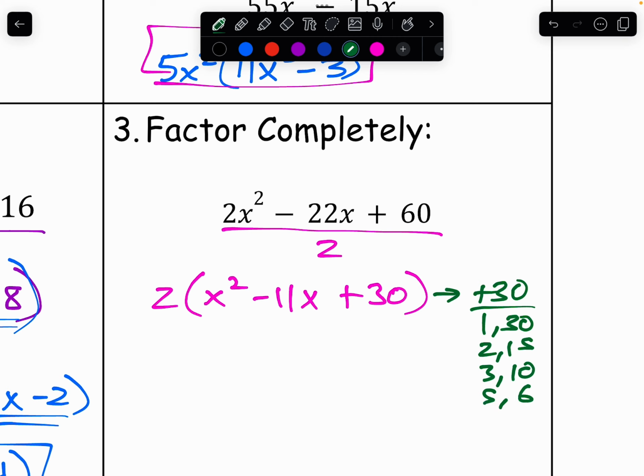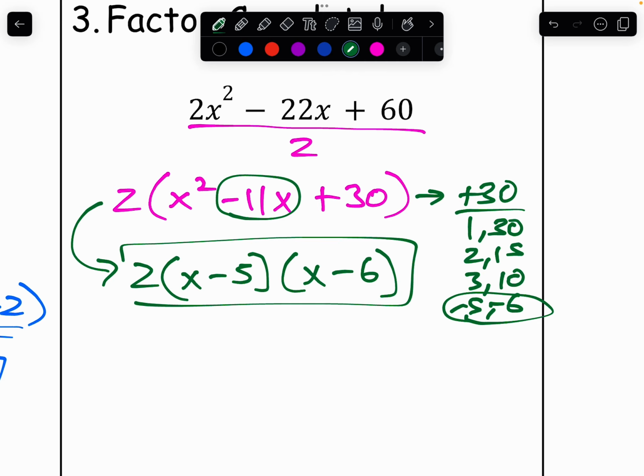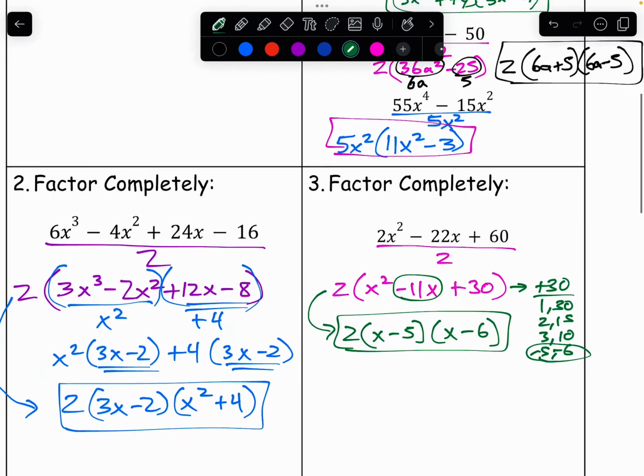And so out of all those, which ones add to get 11 are 5 and 6. Now look at what's in the middle though. It's not 11, it's negative 11. So both of those have to be negative. And so we get x minus 5 and x minus 6. Okay? But again, don't leave it there. Make sure you don't leave your GCF behind. And there's our final answer.